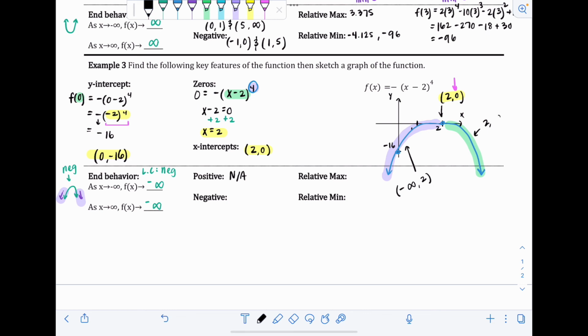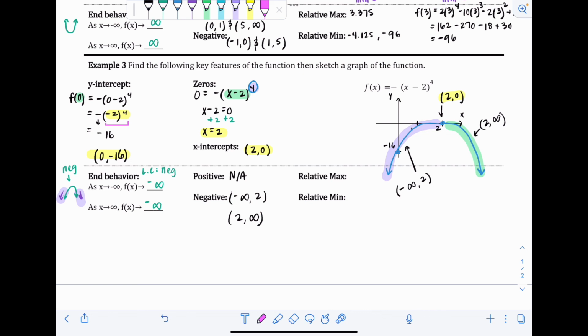So that'd be 2 to infinity. So for negative, we would say negative infinity to positive 2, and then positive 2 to infinity. Just because at that x-intercept it's exactly 0, we can't describe it as one consecutive section. We have to make it two different sections.